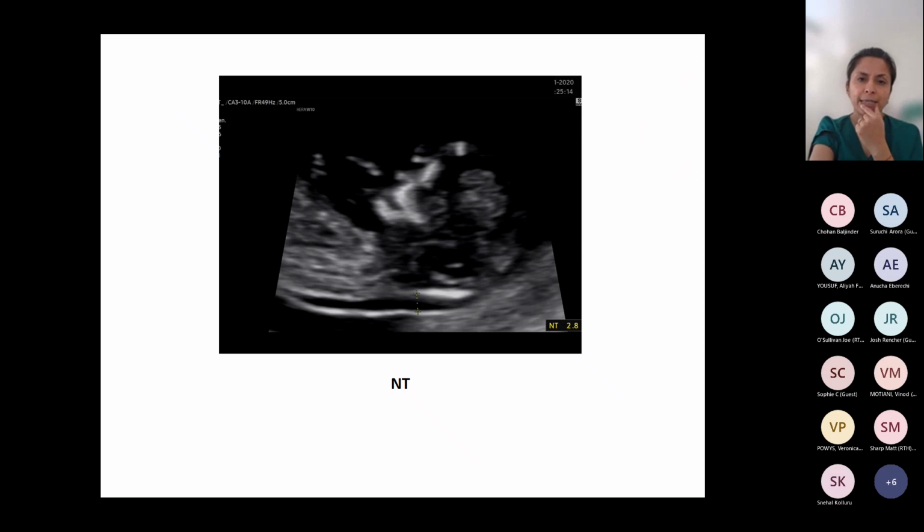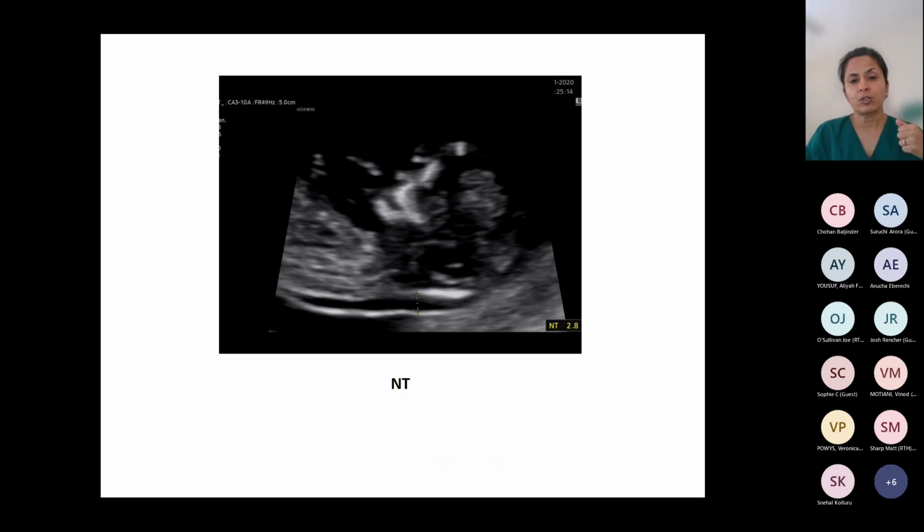We're measuring a nuchal thickness here, and I suspect that you're all aware of the fetal trisomy screening program, which offers a 12-week scan for all fetuses, where we can talk to them about whether they would like to be screened for Down syndrome, Edwards and Patau's.